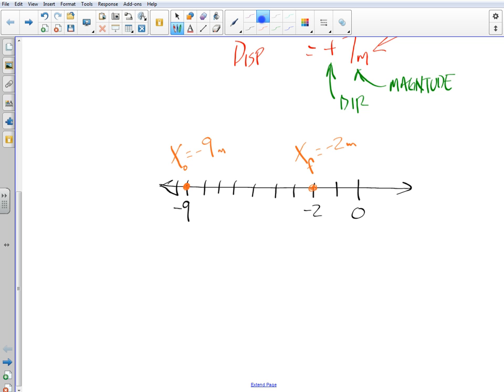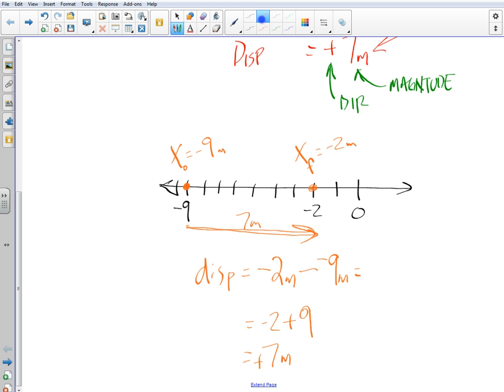What's my displacement? Well, I went from here to there, and in quick inspection, I went up 7, didn't I? So let's go through and see it. The displacement is going to be, because I'm building the positive and negatives into the situation, -2 meters as my final, minus -9 meters, which is equal to -2 plus 9, which is positive 7 meters. Notice I have the same displacement I had before. This direction, 7 meters. But notice I didn't have to end in a positive. It's the direction, my displacement still came out positive.